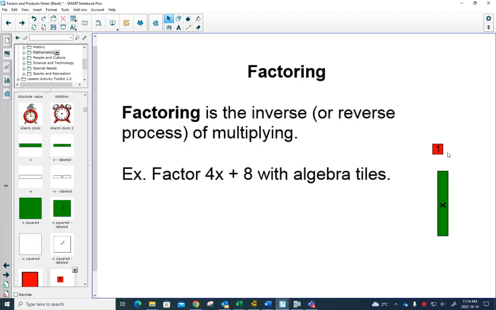We are mostly going to factor without algebra tiles, but sometimes it's nice to see things with algebra tiles because of what factoring is doing.